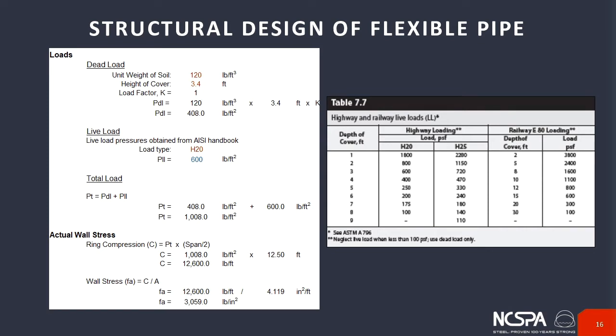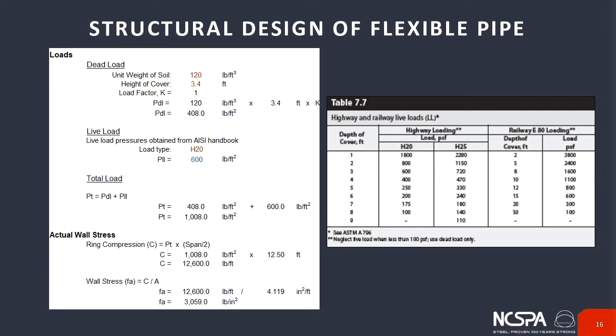Which means we would be applying a 14% reduction to the overall dead load imparted on top of the structure. That's really just recognizing that you do get some soil arching if you have an appreciable amount of cover over the top of the structure. In this case, we've only got 3.4 feet of cover, so we are imparting the full dead load weight of the soil column over the top of the structure.